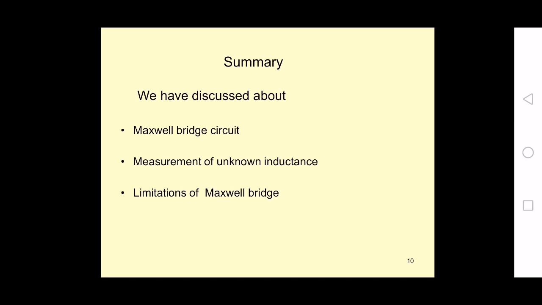So we have to adjust the balance. Balancing the Maxwell bridge is done by first adjusting R3 for inductive balance, then adjusting R1 for resistive balance.